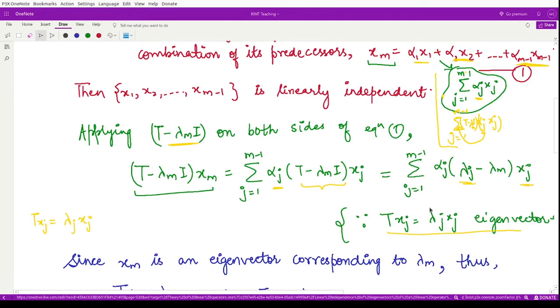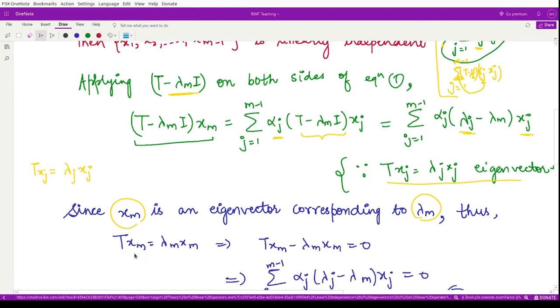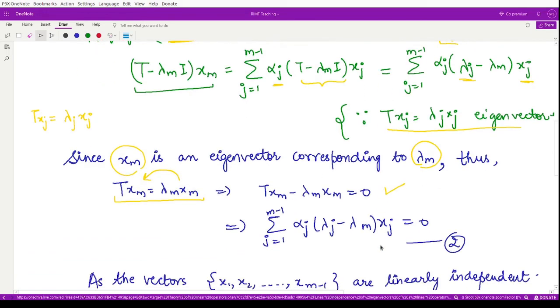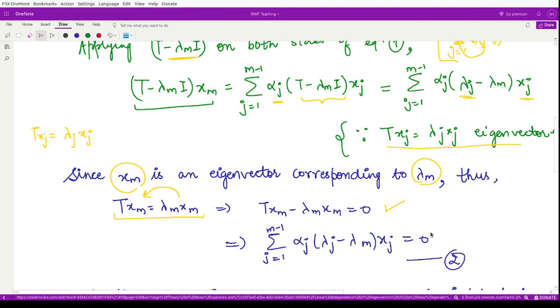Now according to the eigenvalue lambda m, we have an eigenvector xm. So therefore T of xm would be equivalent to lambda m xm, according to the definition for eigenvectors, and if you shift this to the left hand side, you have this equation. Now using the above relation, the summation of alpha j times lambda j minus lambda m into xj becomes equal to 0.